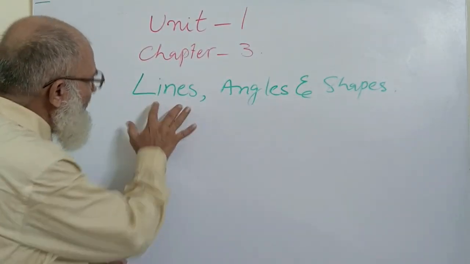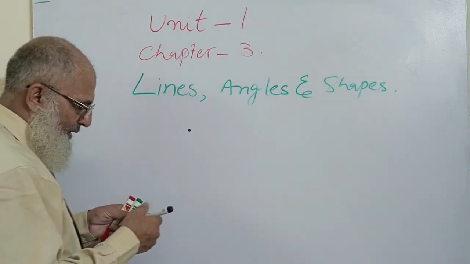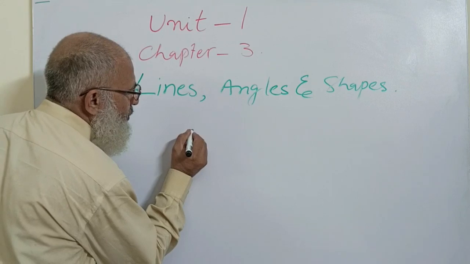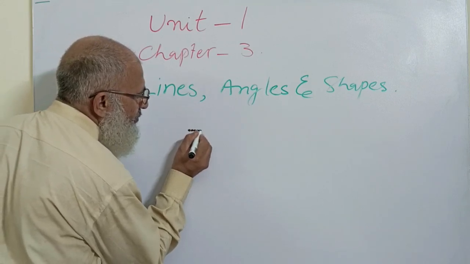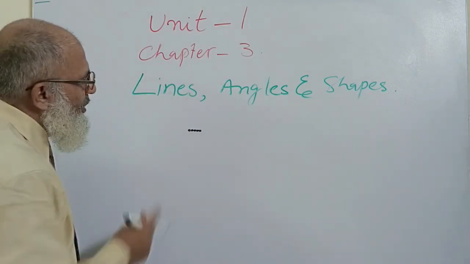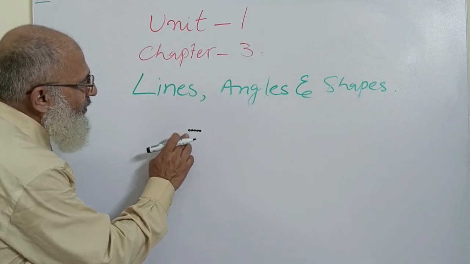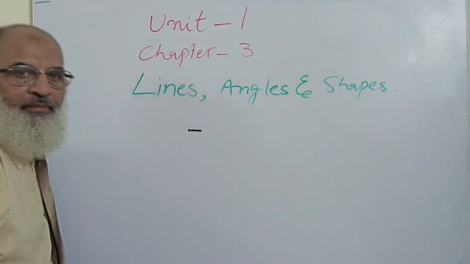So lines are the set of points which are placed with each other like this. So you see that when I place these set of points together, it forms a line.